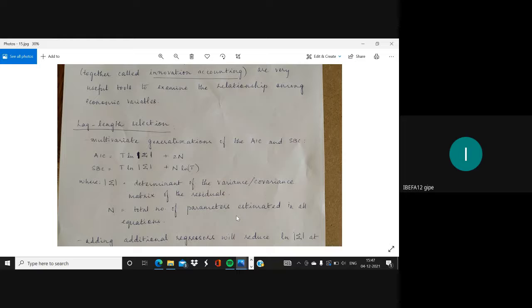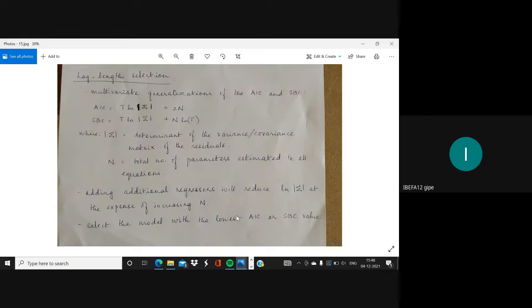Your n intercept terms, then the lagged variables will all have coefficients which will be captured in an n by n matrix, and if you're including p lags, there'll be p such terms. So it will be n plus pn square. That will be the total number of parameters in an n variable VAR model. Yes, ma'am, that's what I meant. I said the opposite.